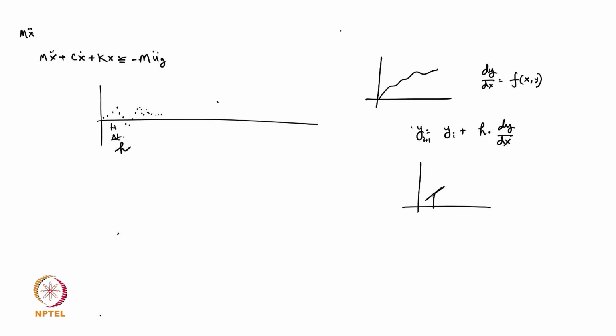You think your solution may be going somewhere like this, but you don't know how it goes. You know the slope here, and from there you predict that your solution will be somewhere here.